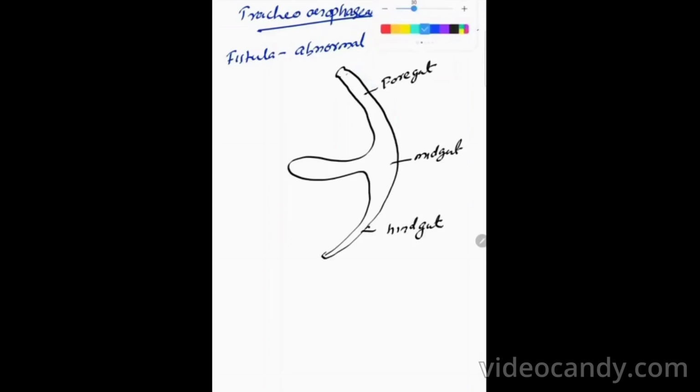Now what happens actually from the foregut? Here we have the foregut. From the foregut there arises a small diverticulum. A small diverticulum arises from the foregut, and that is known as the laryngotracheal tube.